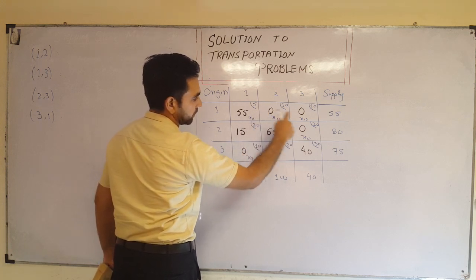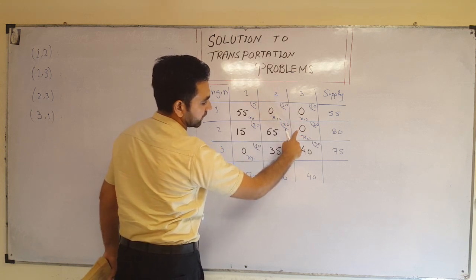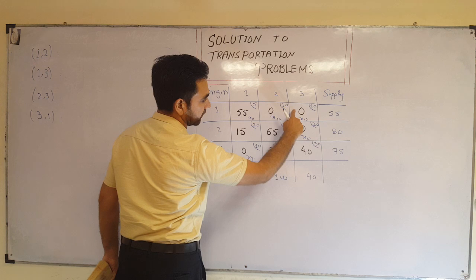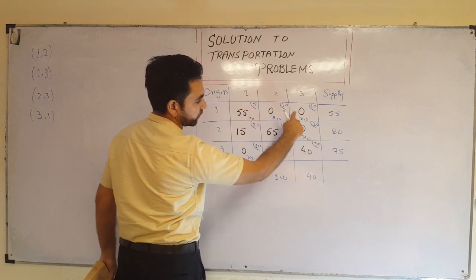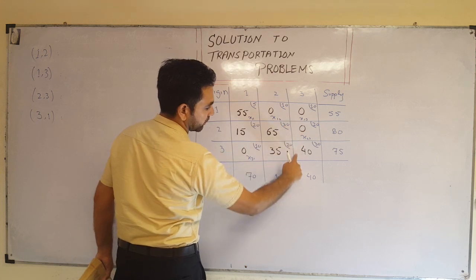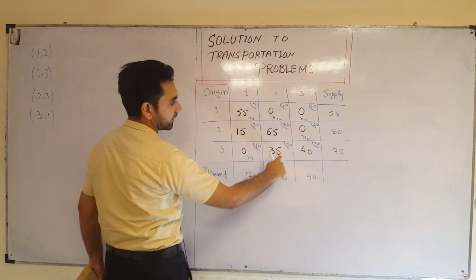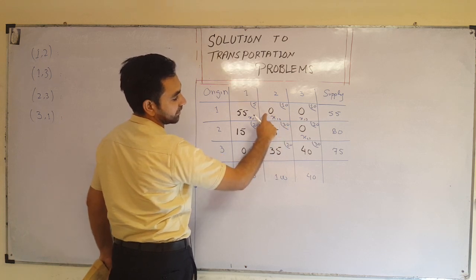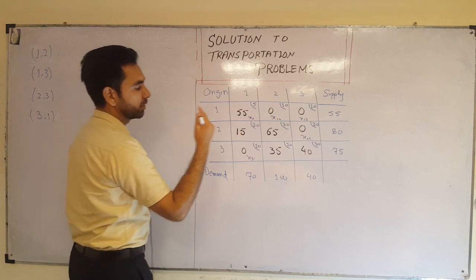So if you start from here, it cannot go here, it has to go there. It can have this one 0 but not this one, and then again it cannot come here because there is another 0. So in the whole loop you would have only one 0.